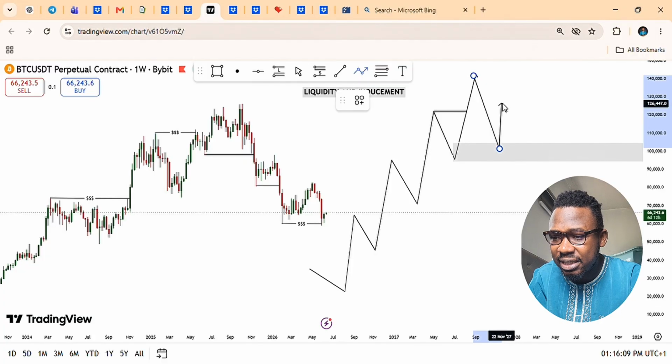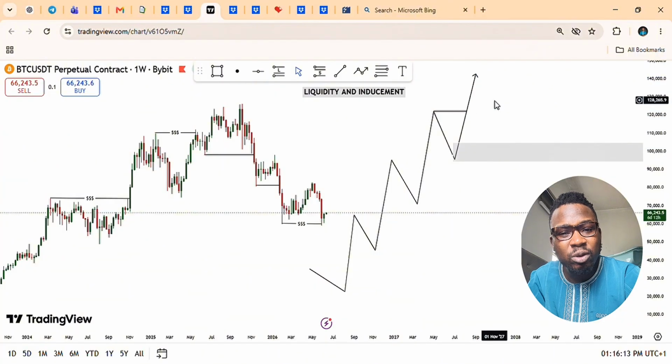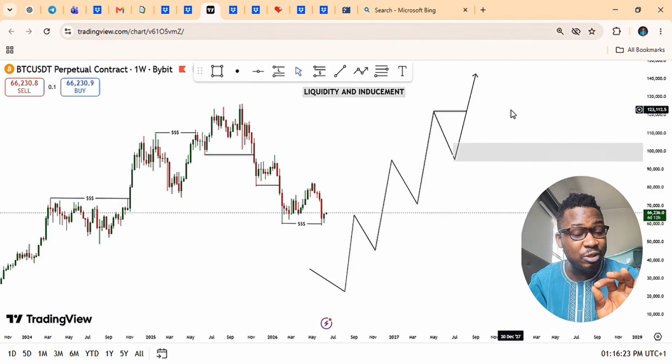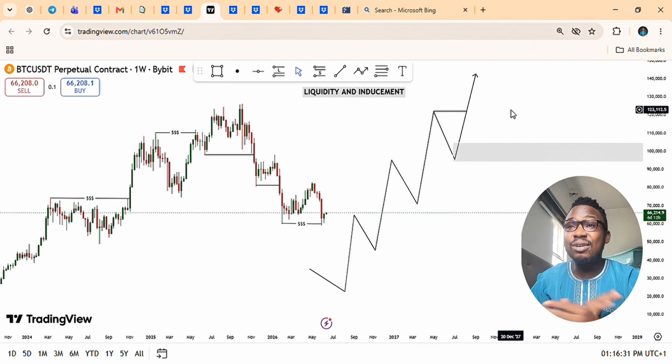Let me show what inducement is and how you can spot it. Inducement simply means trap. When I say trap, that's your best setup. Everything was complete. You place your order, you put your stop loss below your order block, and you watch to see what the market does. Unfortunately, the market goes against you, you hit your stop loss, and you lose your money.